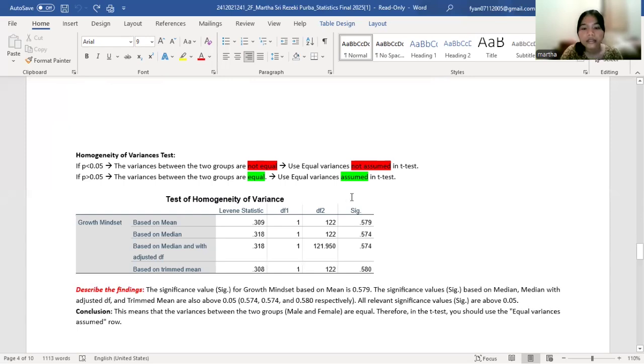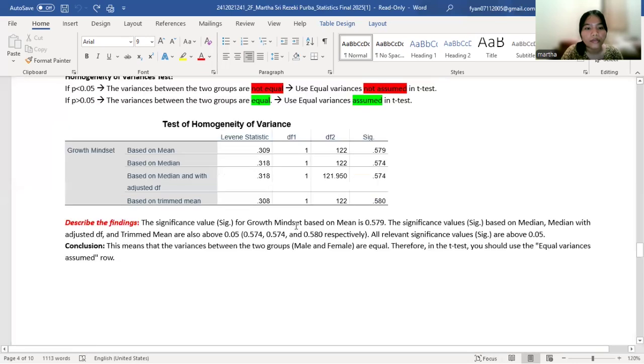Okay, let's take a look at this table. Test of homogeneity of variances. Okay, we can see from here the significance value. The significance value for growth mindset based on mean is 0.579.